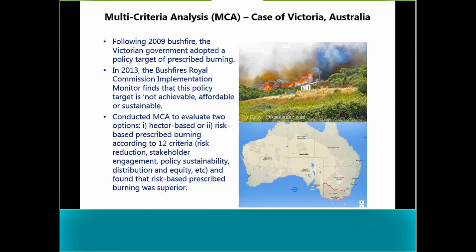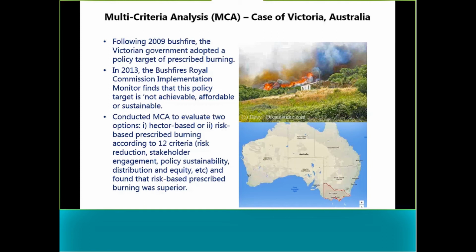The multi-criteria assessment was conducted across 12 criteria, such as effectiveness in reducing risk to human life, infrastructure, economic activities and ecosystems, as well as stakeholder community engagement, policy sustainability, and distributional and equity considerations. Based on these 12 criteria, the two options were scored and compared, and finally the multi-criteria assessment found that the risk-based policy was superior to the original hectare-based policy.